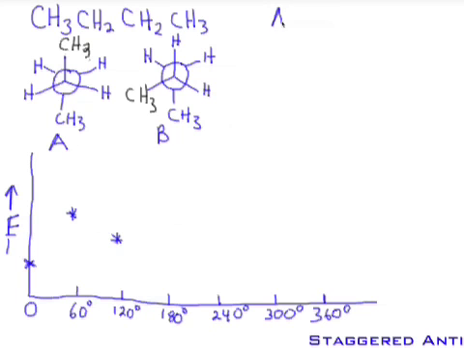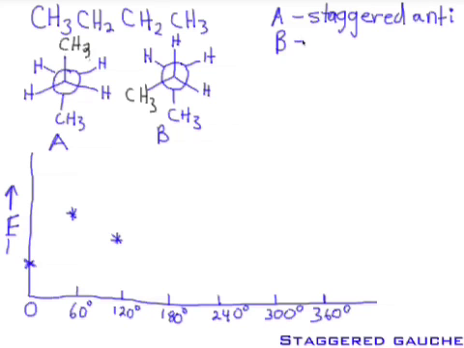Well, A is called staggered anti. B is called staggered gauche, which comes from the French, which means, I believe, left, as opposed to droite.